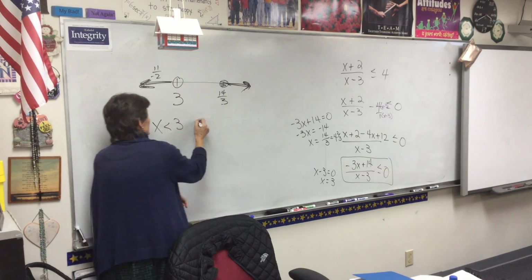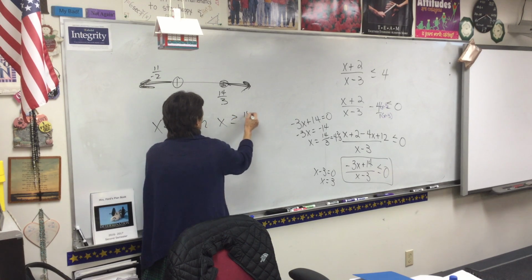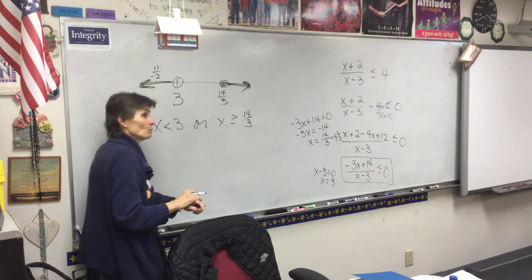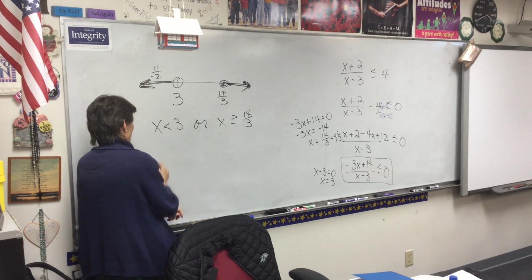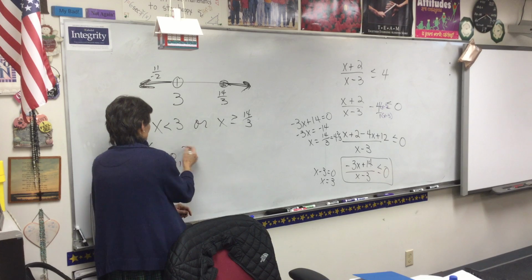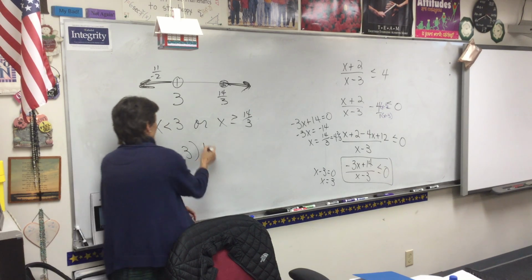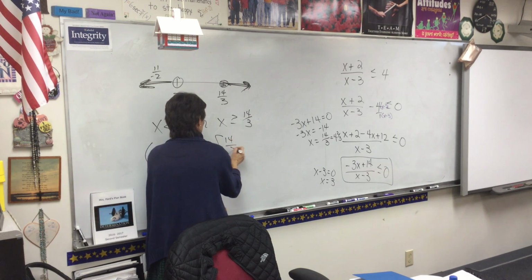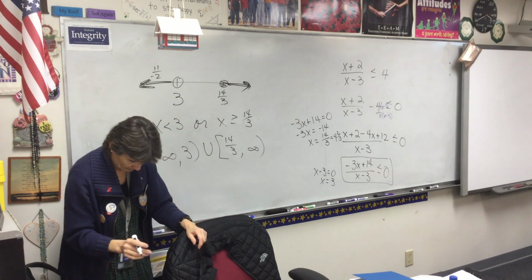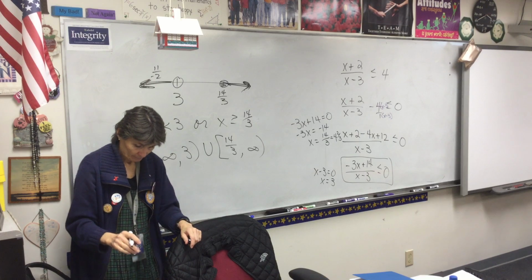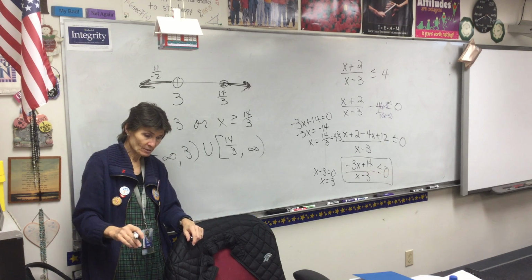X is less than 3, or X is greater than or equal to 14 thirds. That would be one way of writing my answer. Or using interval notation, and remembering that the infinities are always open, I could write my answer that way.